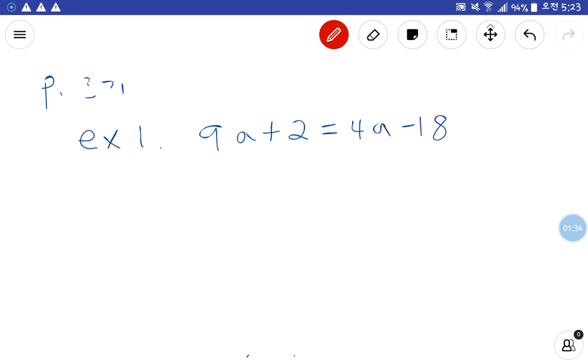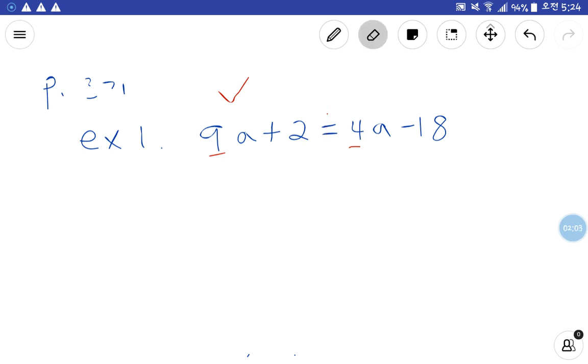So if you don't want that to happen, I recommend you choose the side which has a bigger number in front of it. When you have an equal sign here, just pretend that this is a left, this is a right. You always compare those numbers. Since 9 is bigger than 4, I'm going to move everything onto the left side.